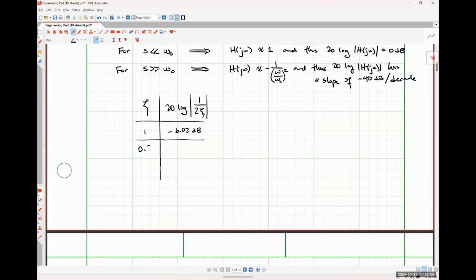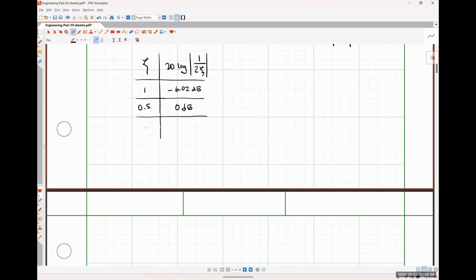When our damping coefficient is 1/2, we have 0 decibels of correction. When it is 1/4, we have positive 6.02 decibels of correction.